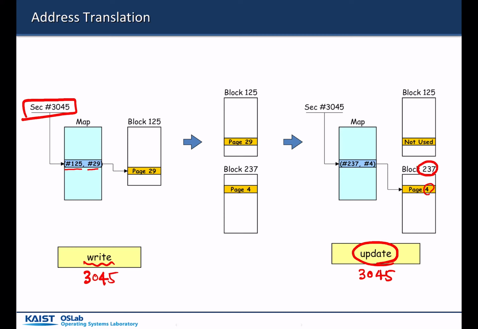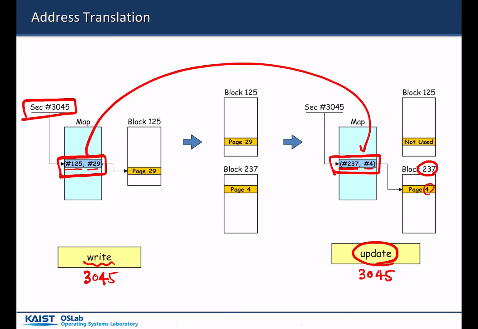The mapping table has been updated to block number 237 and page number 4. So the role of the address translation is to find the physical location of a given page or given sector.